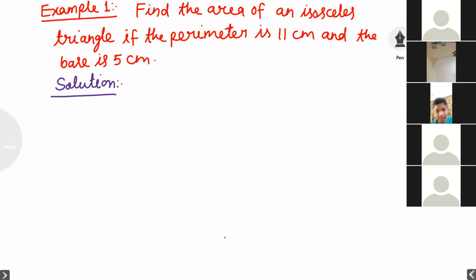Find the area of an isosceles triangle if the perimeter is 11 centimeter and base is 5 centimeter.